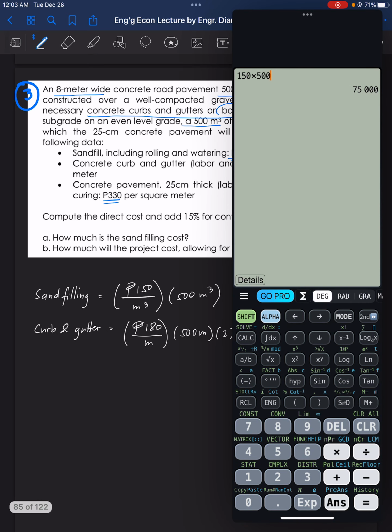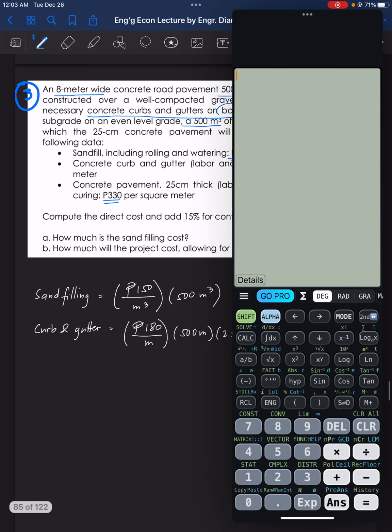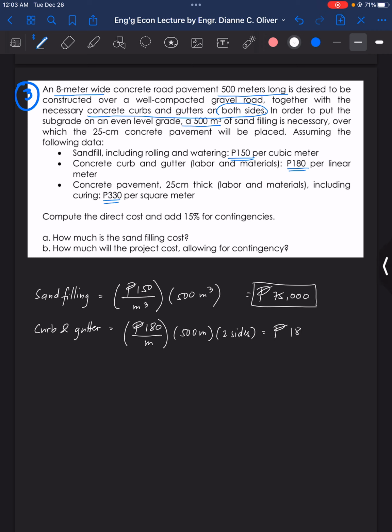There are 2 sides, so let's put here 2 sides for emphasis. So 180 times 500 times 2, that is 180,000 pesos.